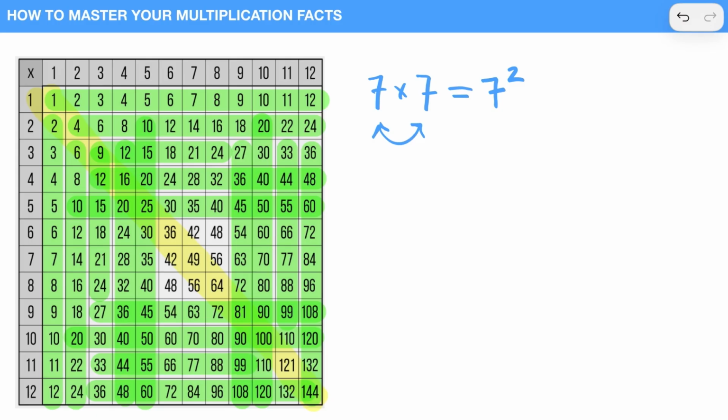All right, and then we only have 3 more, and the reason it's 3 more is because remember, we can do multiplication both ways. This looks like 6 things left to memorize. It's actually only 3.